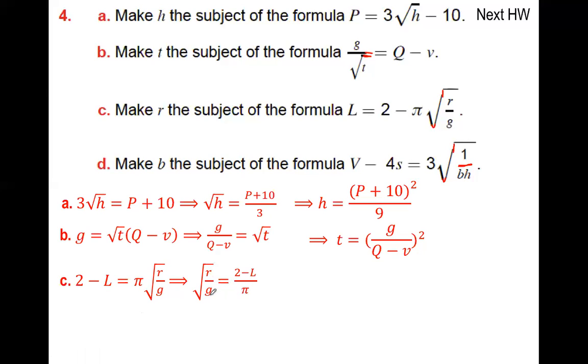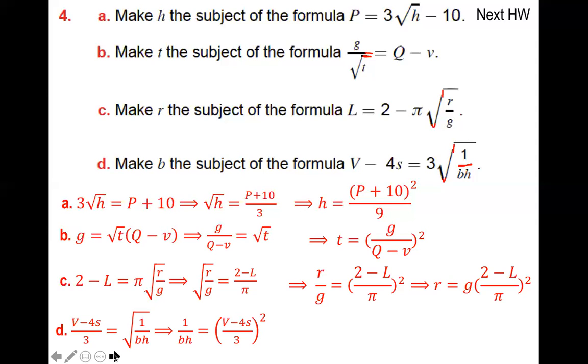Then root of R over G. Then you do 2 minus L over pi squared. And then you times that by G to get your R on its own. So the square only applies to 2 minus L over pi, not to G.